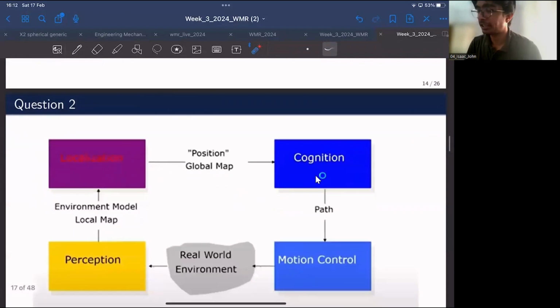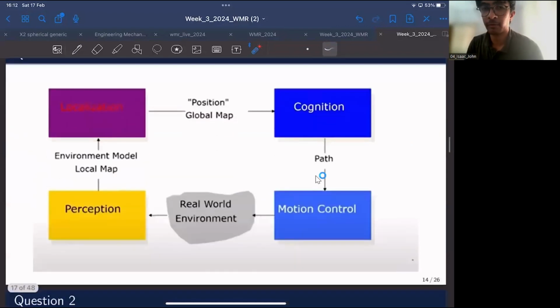I would also like to give a brief recap of the various subsystems of the robot we have seen in the previous slide. If this is the real world environment, this is basically a never-ending loop, an infinite loop that goes on forever as long as the robot is in motion. If you begin your cycle from here, using the sensors, the robot will perceive the features it can perceive from this environment.